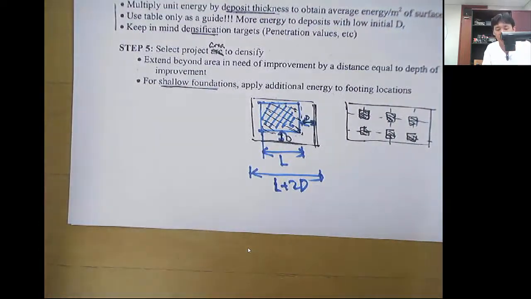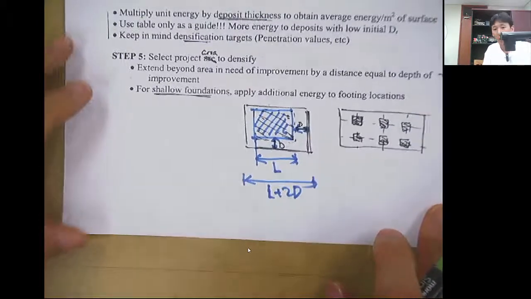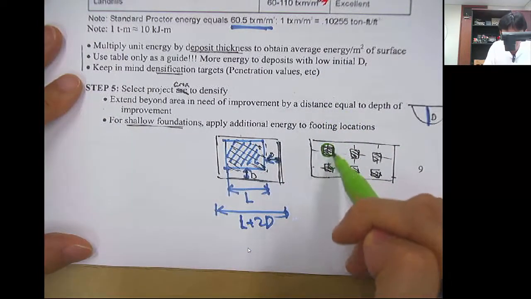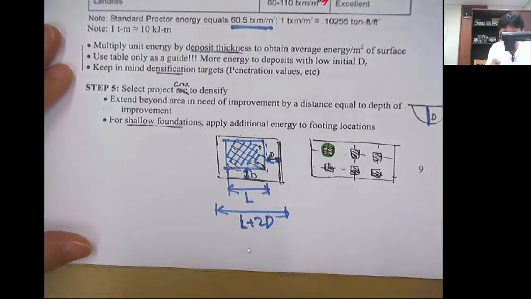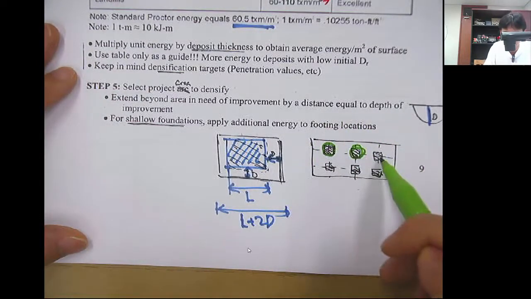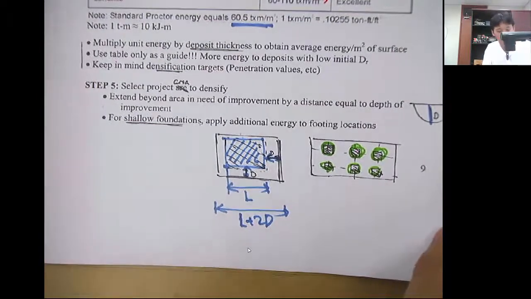So you have to have some margin not to affect the surrounding structures or surrounding utilities. And when you know the location where the footing will be placed, then you can apply additional energy to the footing location so that you have a better densified soil.